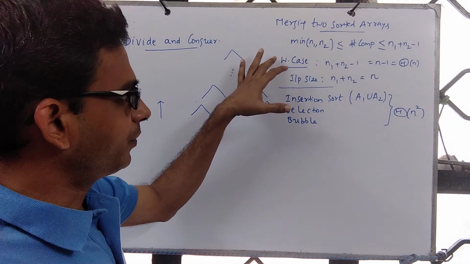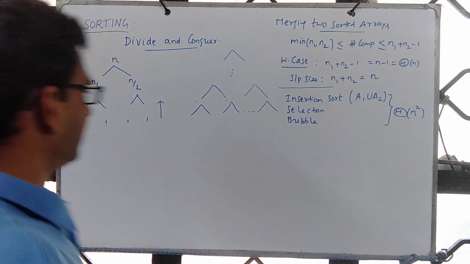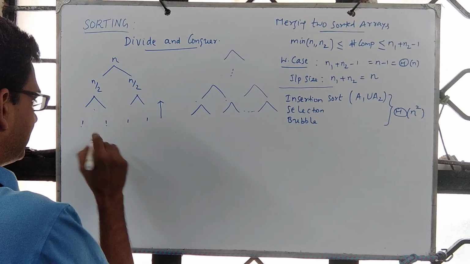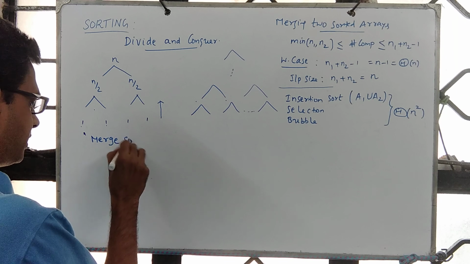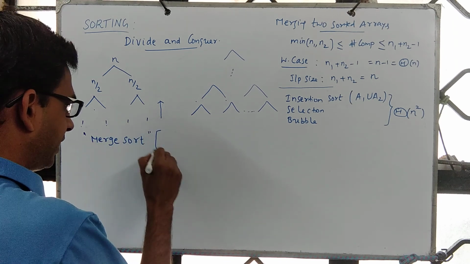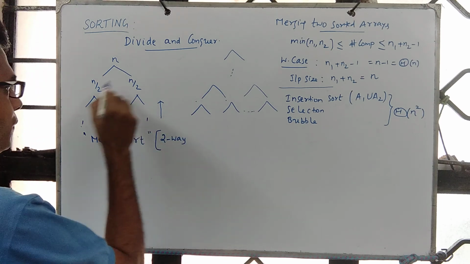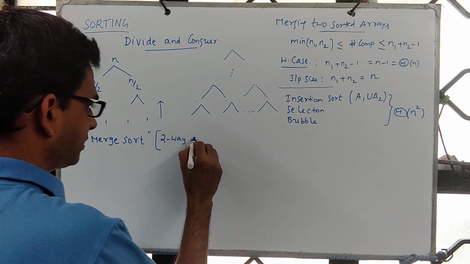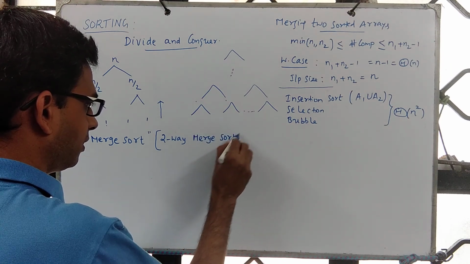Now we are going to make use of this in analyzing our sorting. This gets the name merge sort in the literature. In particular, since we are dividing it into two subproblems of equal size, this is also known as two-way merge sort.